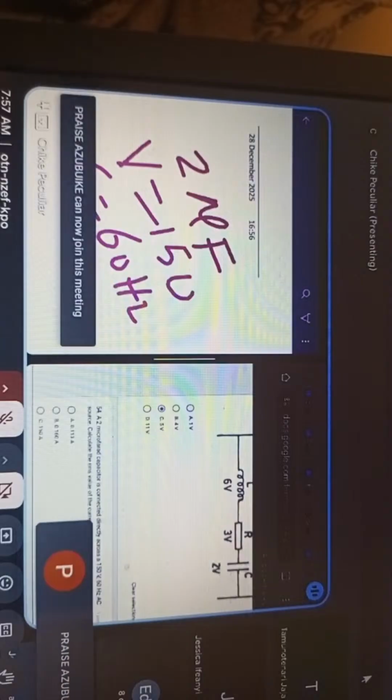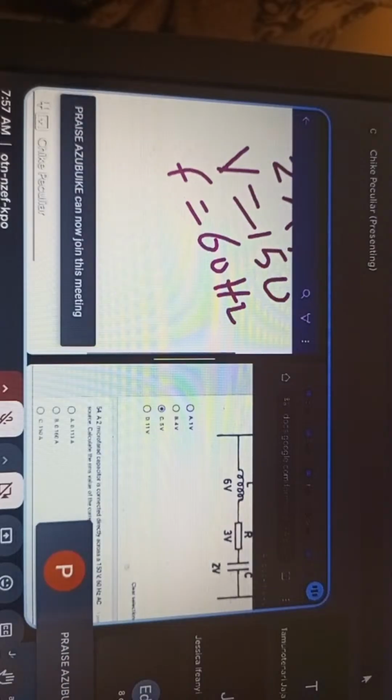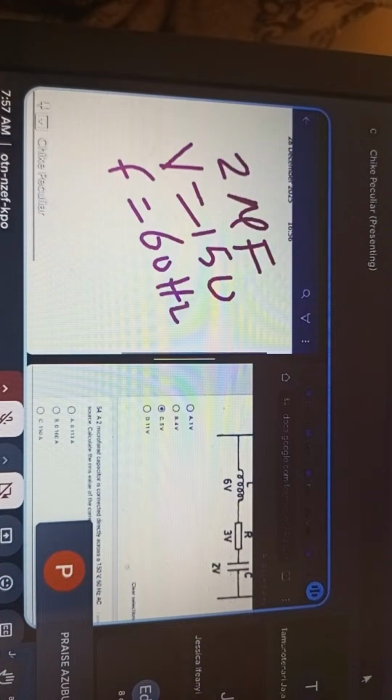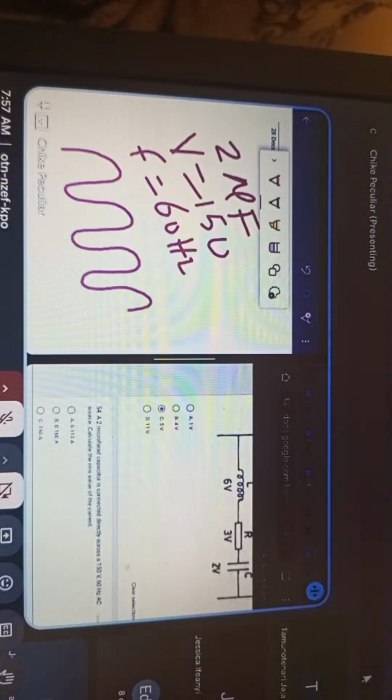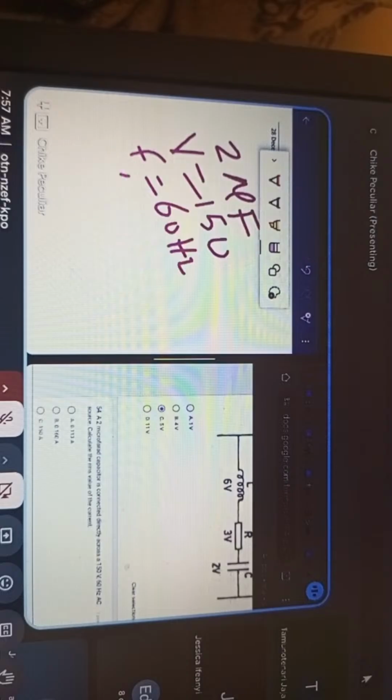Calculate the RMS current. Like I said, the AC circuit is going up and down, up and down, so you have to get the peak value. So how do we do that?